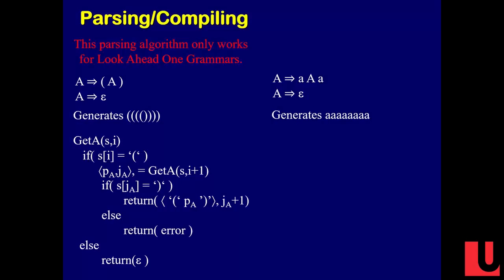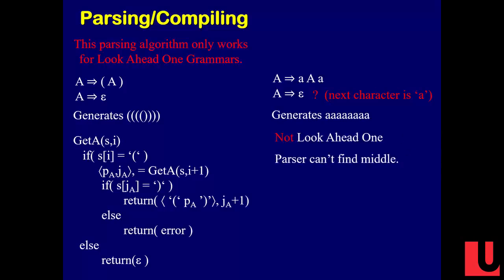Make it non-deterministic? You take the beginning, you take the end. Yeah, but then that would be a different grammar, not a look-ahead one grammar. The look-ahead one grammar is reading it as it goes along, and it always knows what to do next. But here you won't know what to do. You have to kind of read ahead to know whether to cut it in half, right? So you can't find the middle.